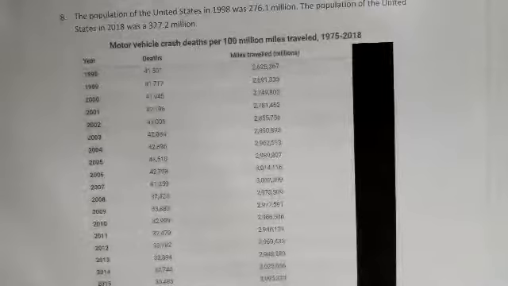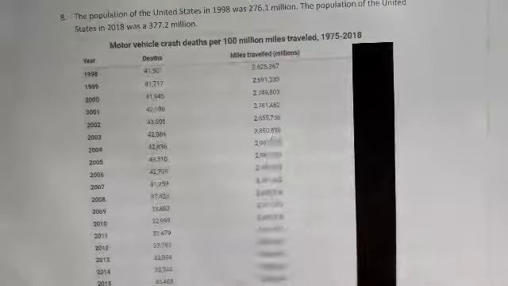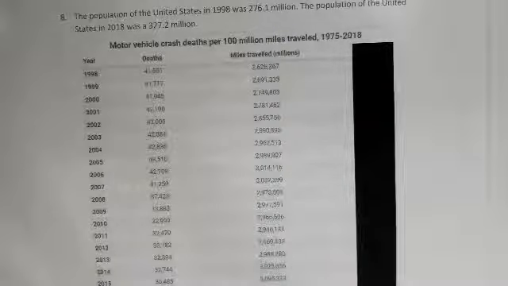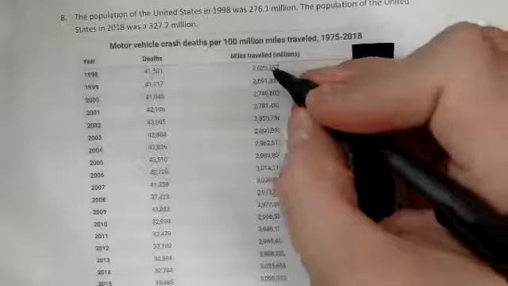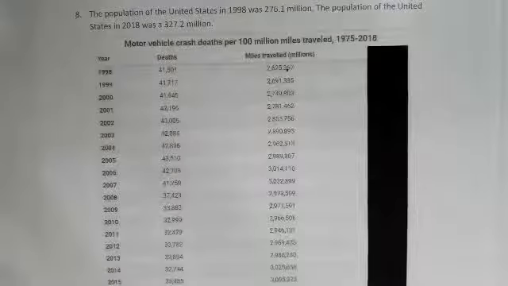If I want to make them in 100 millions of miles, what am I going to divide this by? Going from millions to 100 millions, divide by 100. Divide these by 100, you will get the same thing. I move these 2 decimal spots.